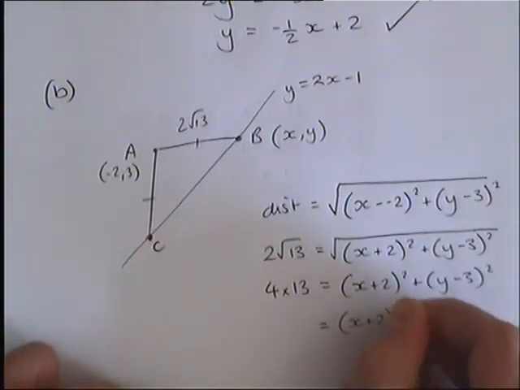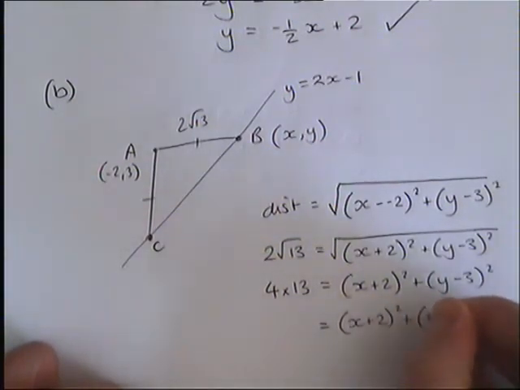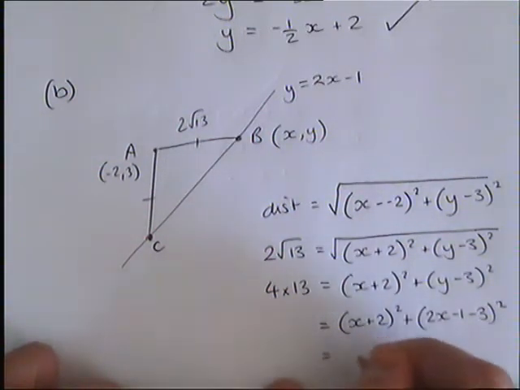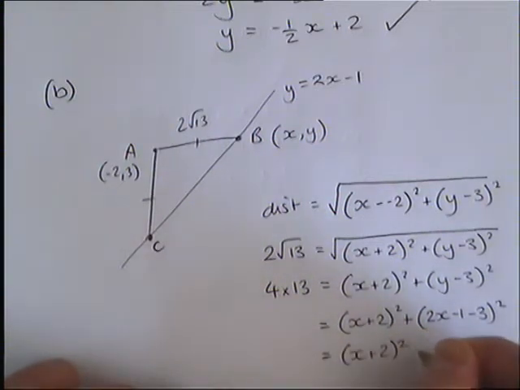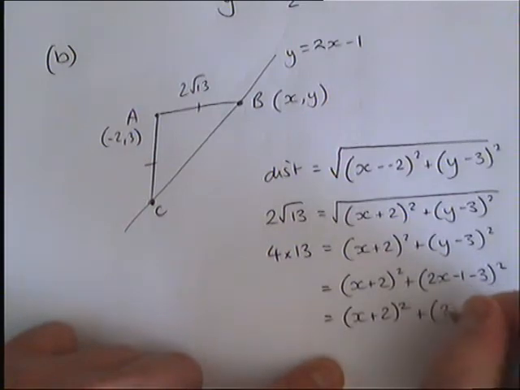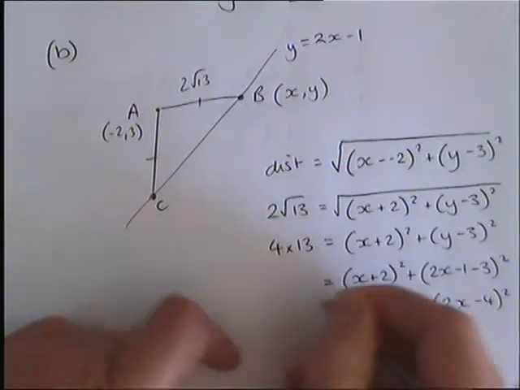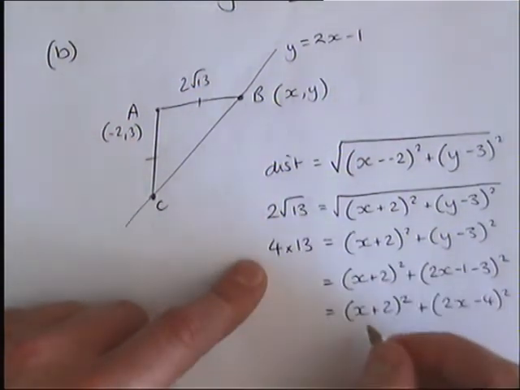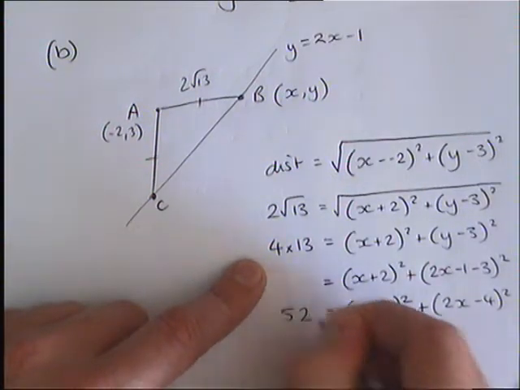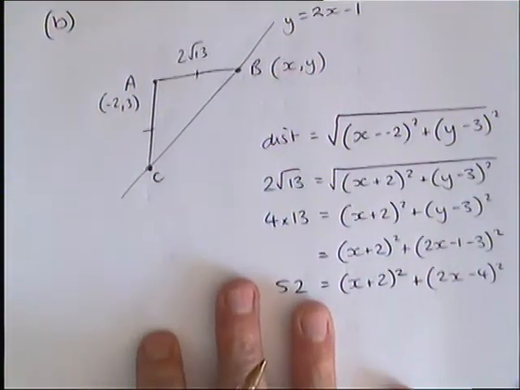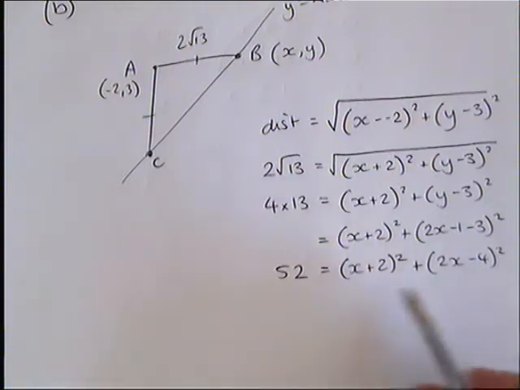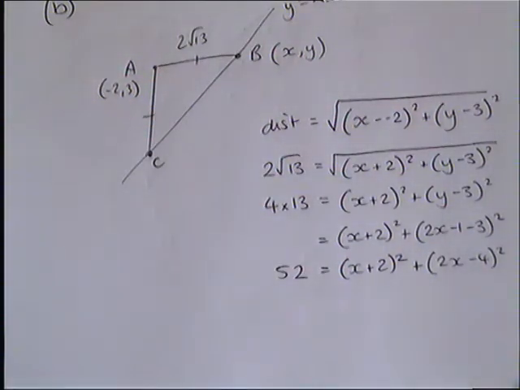So x plus 2 squared plus 2x minus 1 minus 3 squared. What is 4 times 13? 52, isn't it? Okay, and now I'm hoping that if I expand these brackets and simplify this down, I will get it into the format that I wanted.